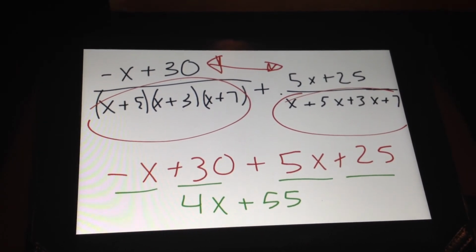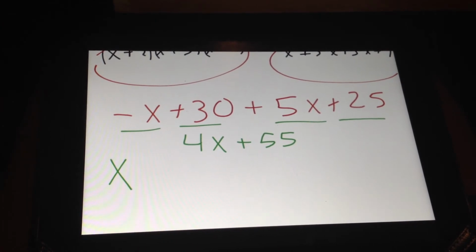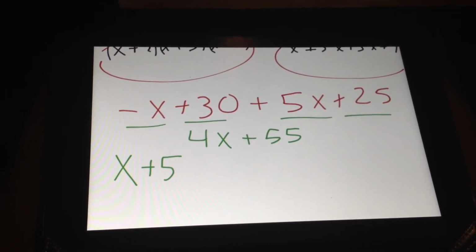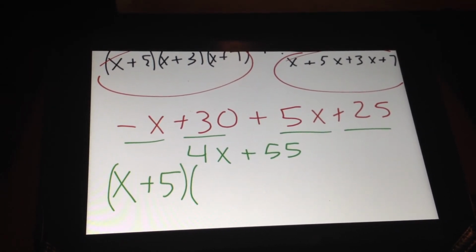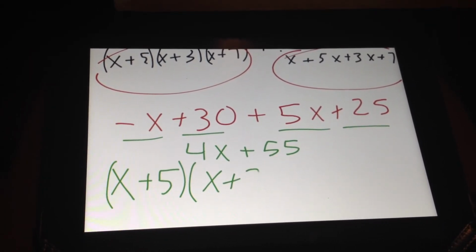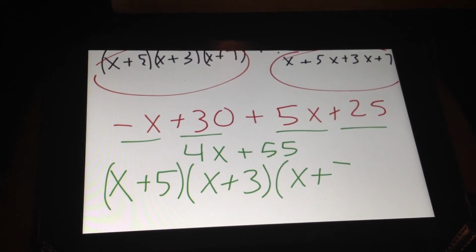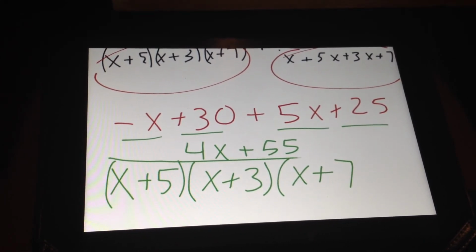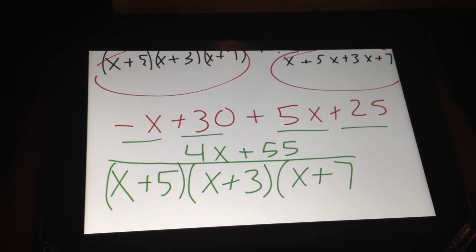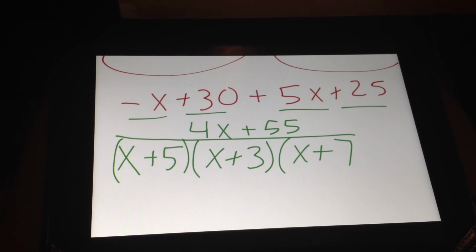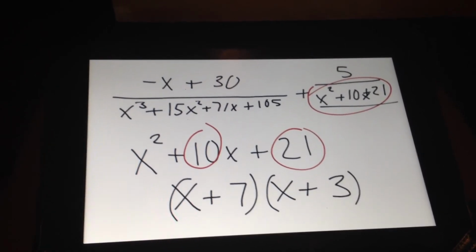And then once you get the answer on the top, you just put the previously figured out greatest common factor on the bottom, which is x plus 5, x plus 3, x plus 7. So now you have this. And this is our final answer. So, back to the previous question.